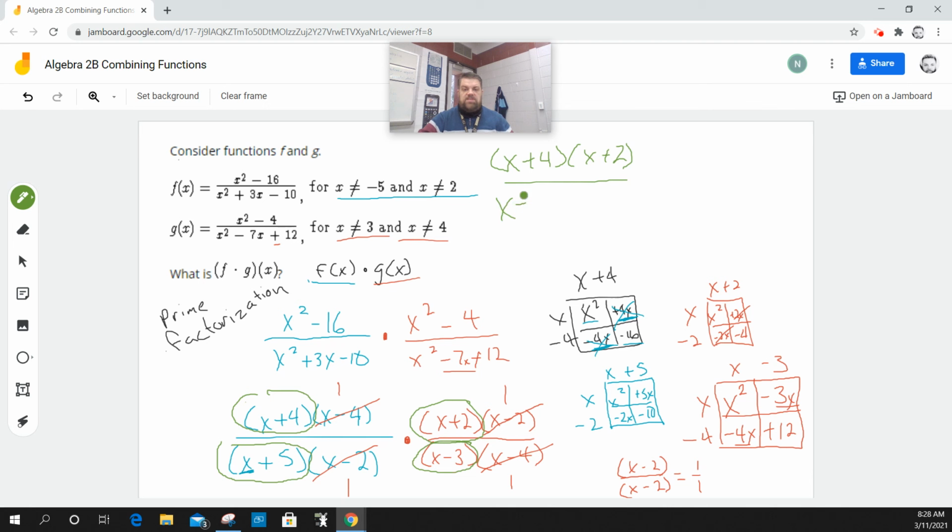So that would be x plus 5 times x minus 3. Now, if you were to put that in the grid, what you actually end up with is x squared plus 6x plus 8 all over x squared plus 2x minus 15.